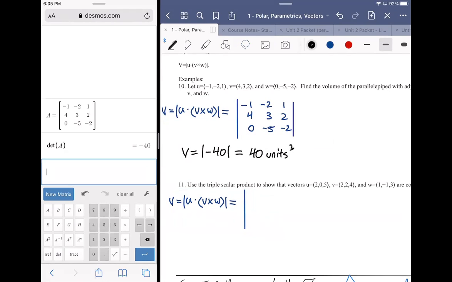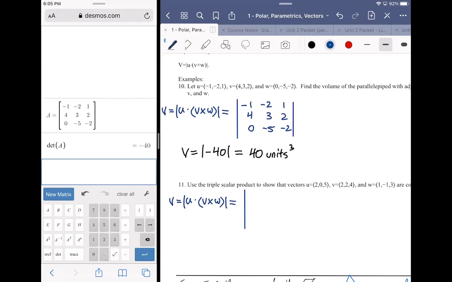So we're looking for 0 volume, right? Because if they're all on the same plane, then that would be the one condition where you would not be able to get a parallelepiped out of it, or at least it would be a parallelepiped with no height, making it a parallelogram at best. At worst, it would be 3 vectors just going off into space. Maybe one of them would be in the subspace of the others, but that would be about it.